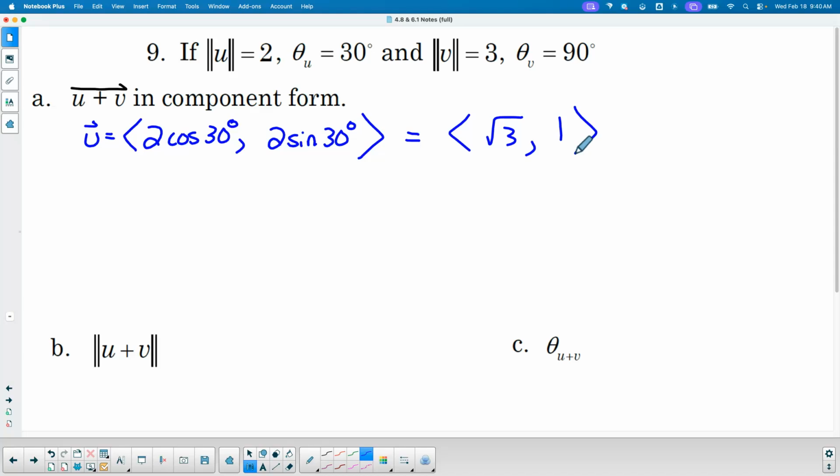Okay. Now let's find the component form of v. What's the horizontal component going to be? 3 cosine 90. Vertical?